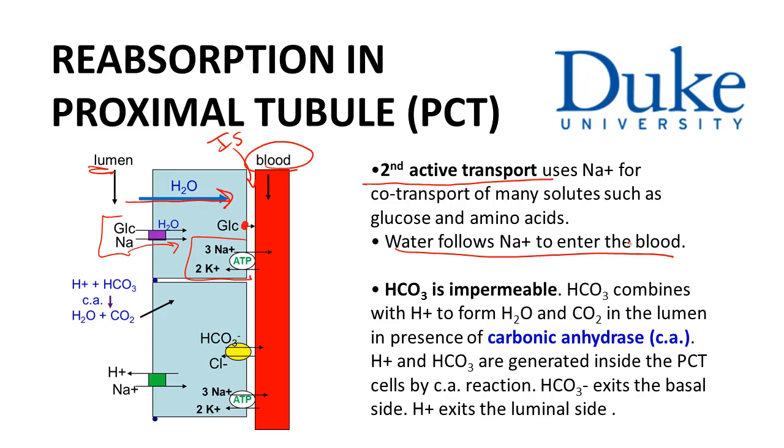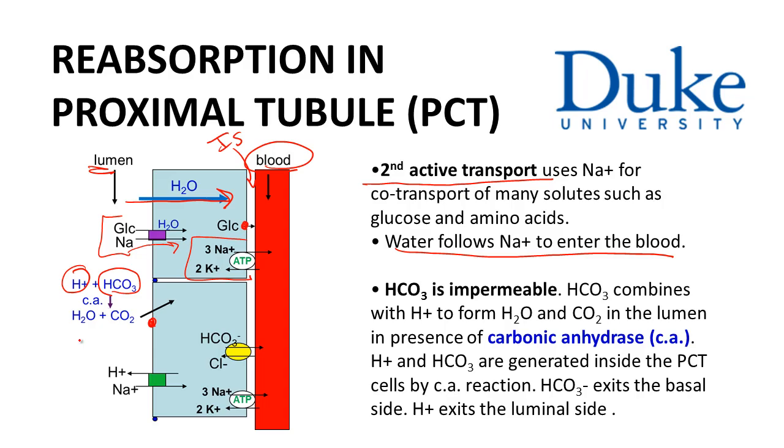Now, one of the other important items that has to be moved from the lumen, from the filtrate, is bicarbonate. So bicarbonate is freely filtered, as are protons, and they will enter into the tubule lumen. And on the surfaces of these cells, the proximal convoluted tubule epithelial cells, we have carbonic anhydrase activity.